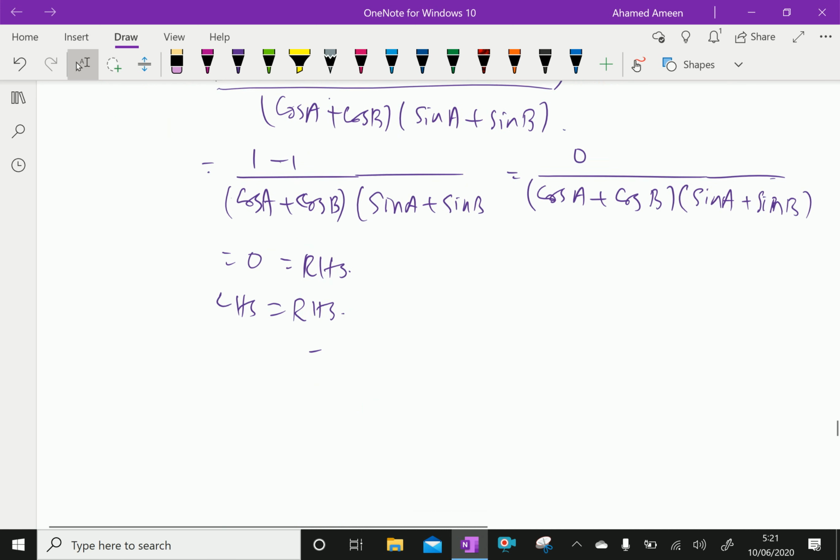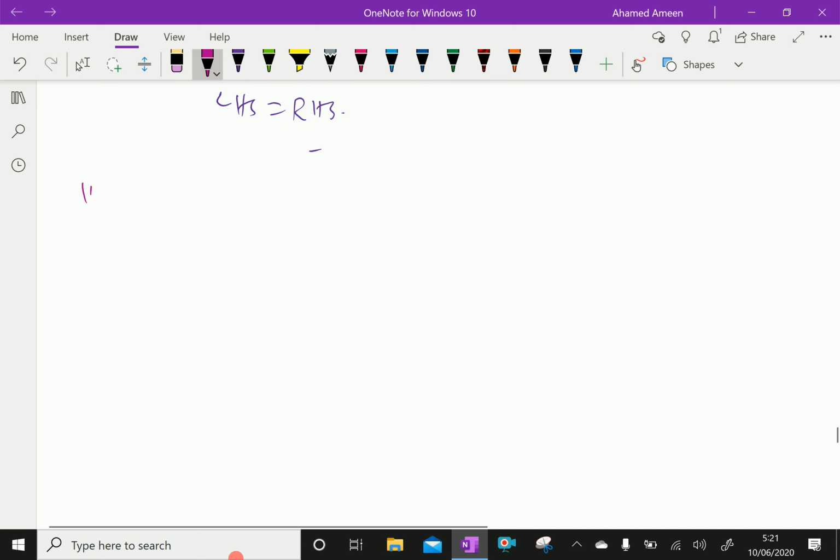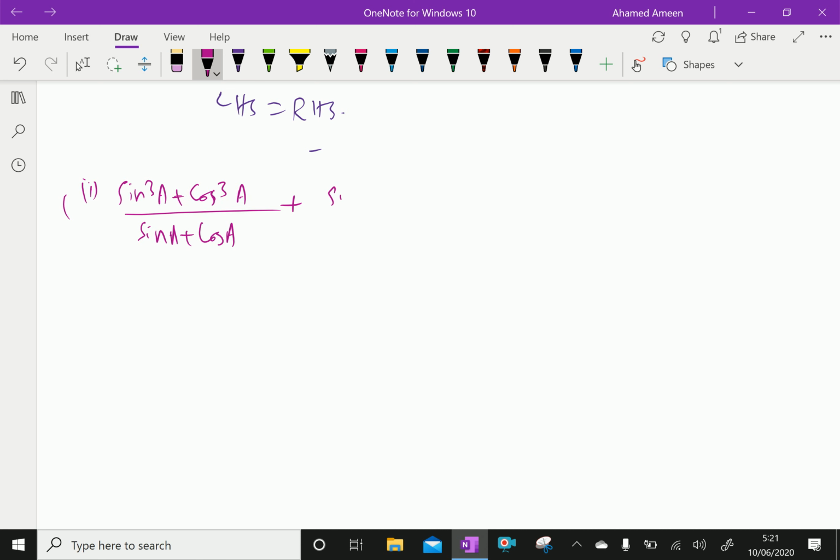Now second part, now sin cube A plus cos cube A over sin A plus cos A plus sin cube A minus cos cube A over sin A minus cos A, LHS.